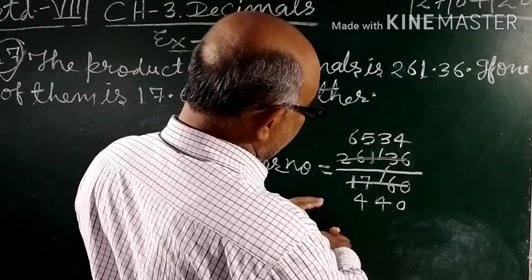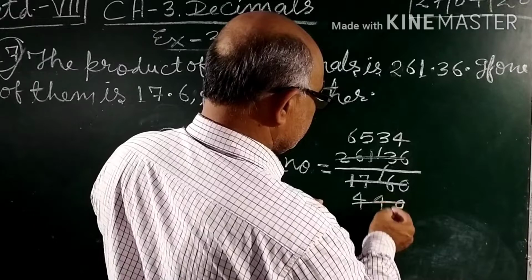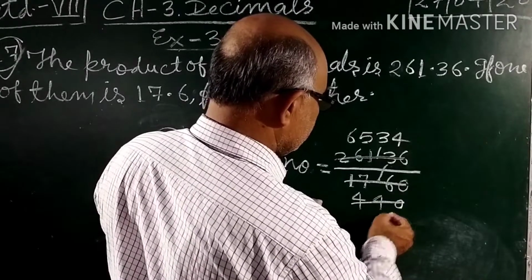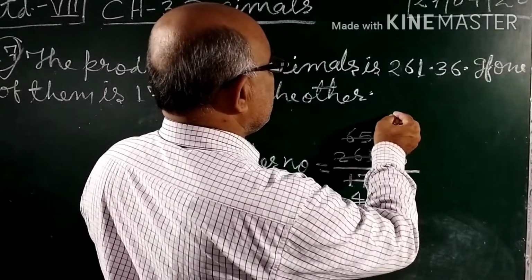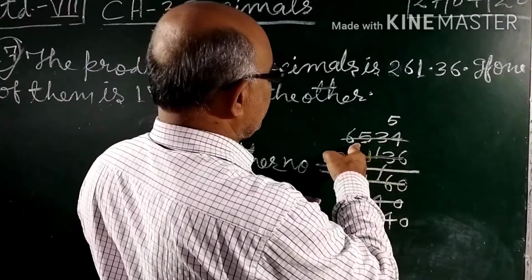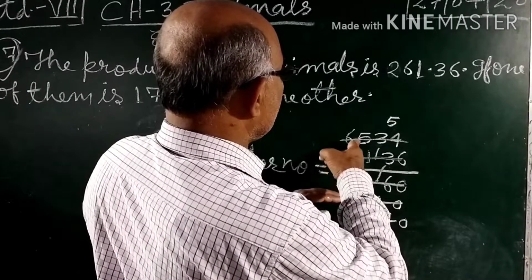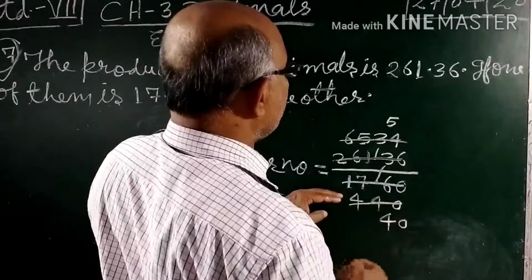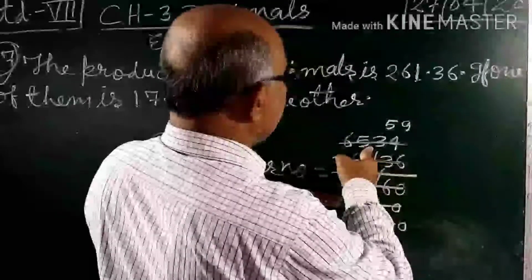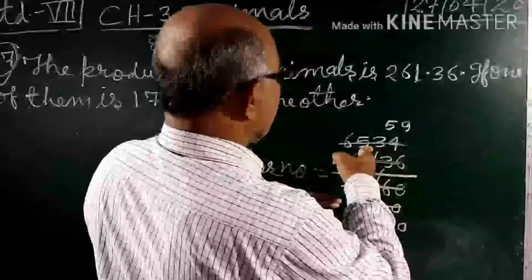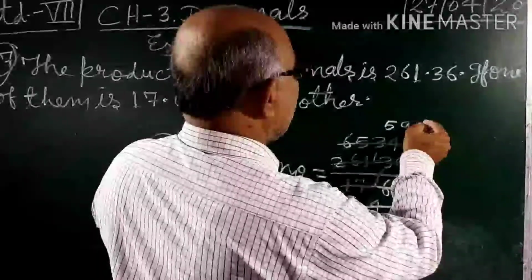Now cancel it 11 times. 11 fours are 44. 11 fives are 55. 11 nines are 99.